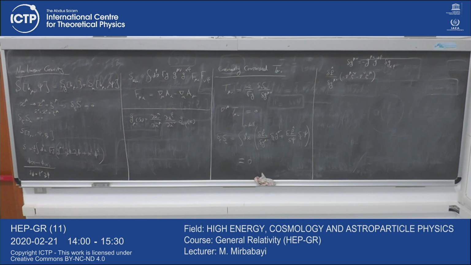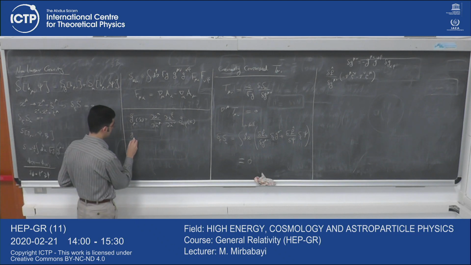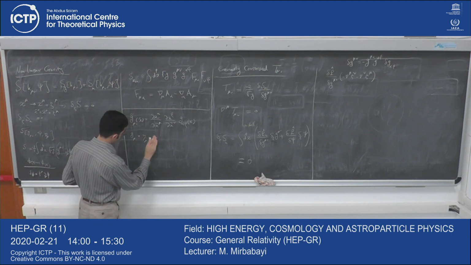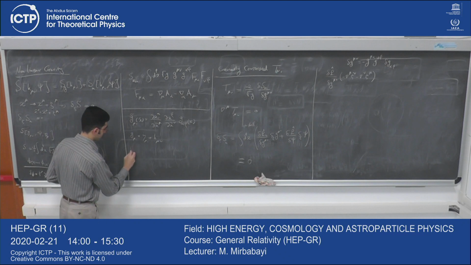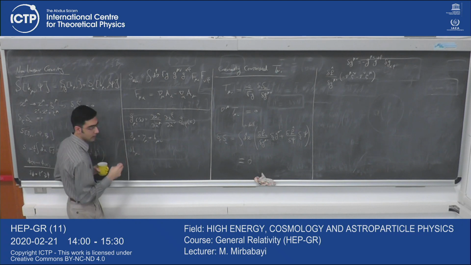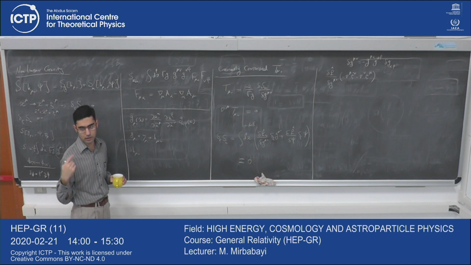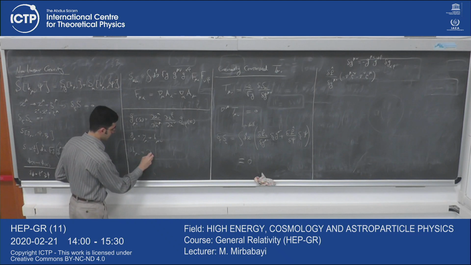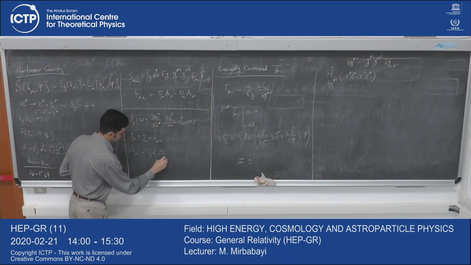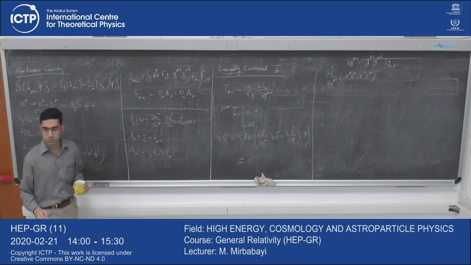An easier way to realize that must be the answer is the following. Remember that g mu nu is eta mu nu plus h mu nu. And then we have the linearized transformation of h mu nu. We knew that if we do a linearized diff, meaning that we ignore terms which depend on h mu nu itself, this is just d mu xi nu plus d nu xi mu.